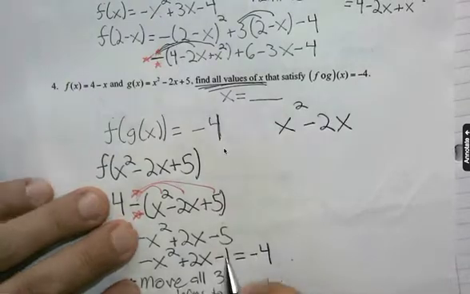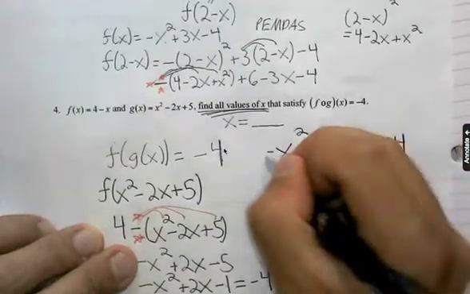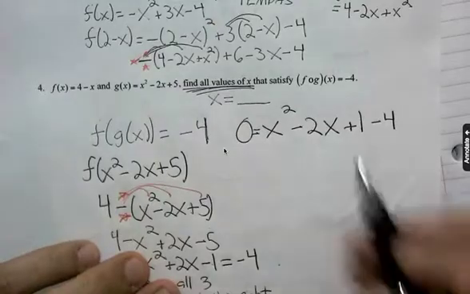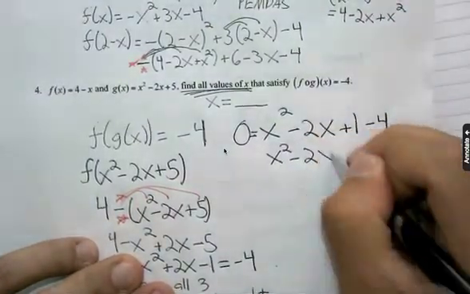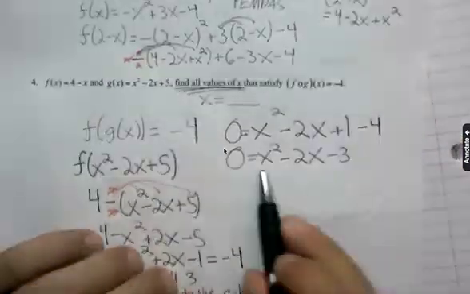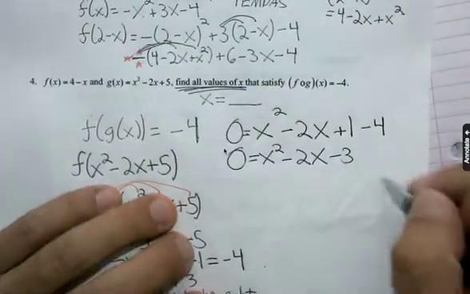We had a negative 1, but now we're adding that. We also have negative 4, and now this all equals 0. So this should kind of look like an algebra 2 problem. If we combine from here, x squared minus 2x minus 3, this still equals 0. Students that I have for Algebra 2, this should look like something you can definitely factor and solve.